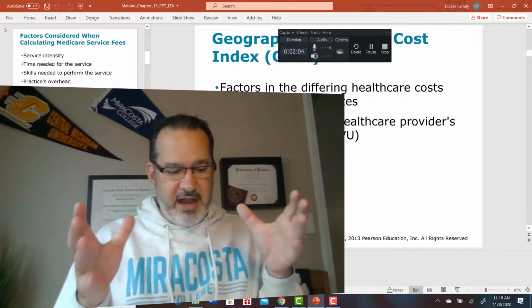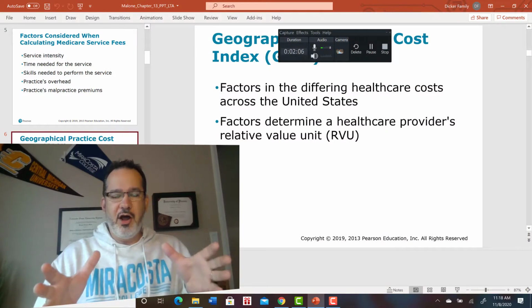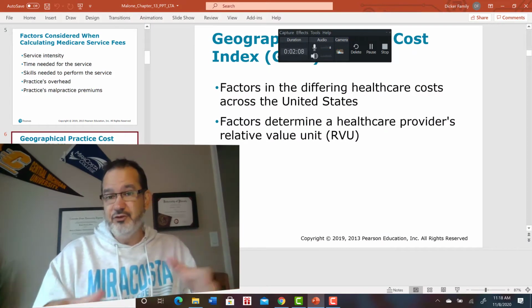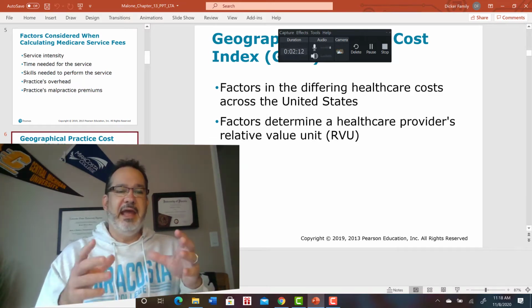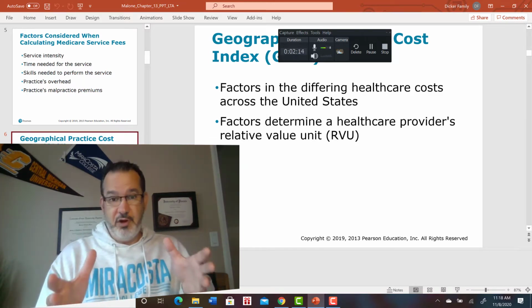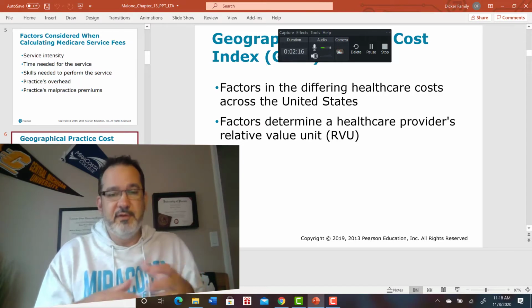The GPCI is the Geographic Practice Cost Index. What that does is look at an average of the cost of a particular procedure or service all across the country, and come up with an average price for what's typically charged for that.